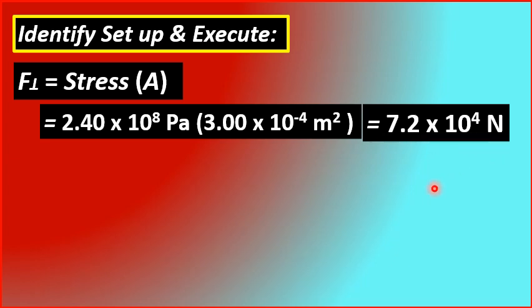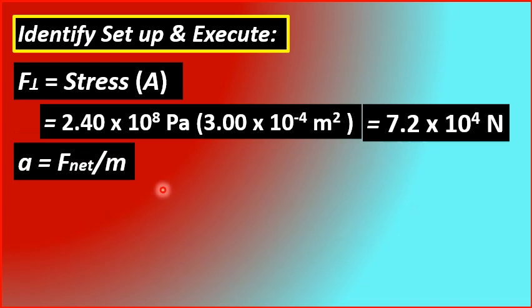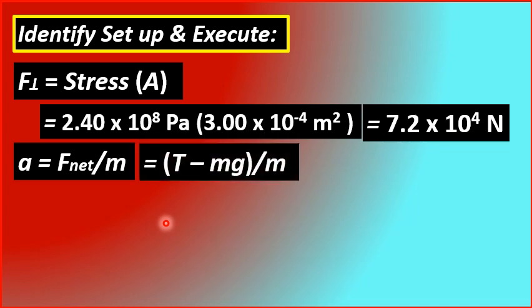We can then apply the law of acceleration formula, a equals F net divided by the mass, where the net force is the tension force minus the weight of the elevator. And then we divide this net force by the mass of the elevator.